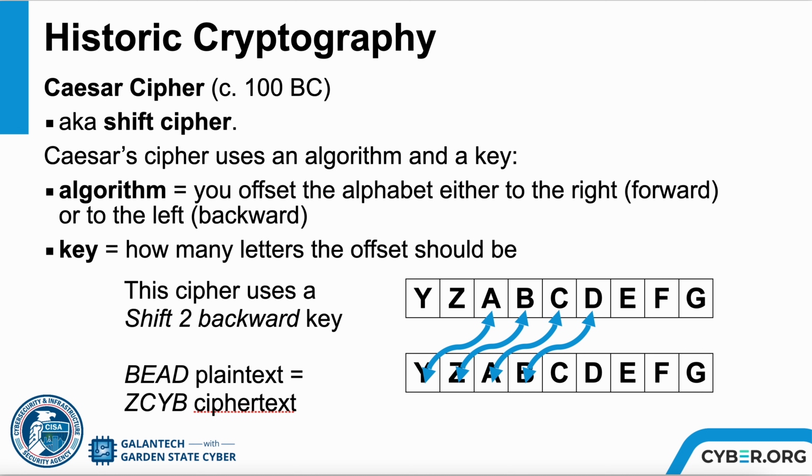Here you just choose a shift. Right now the shift is 2. So you figure it out. This plain text is BEAD, but when it's converted, it's ZCYB. So you just go back 1, 2, and you get B, 2. You see what I'm doing?